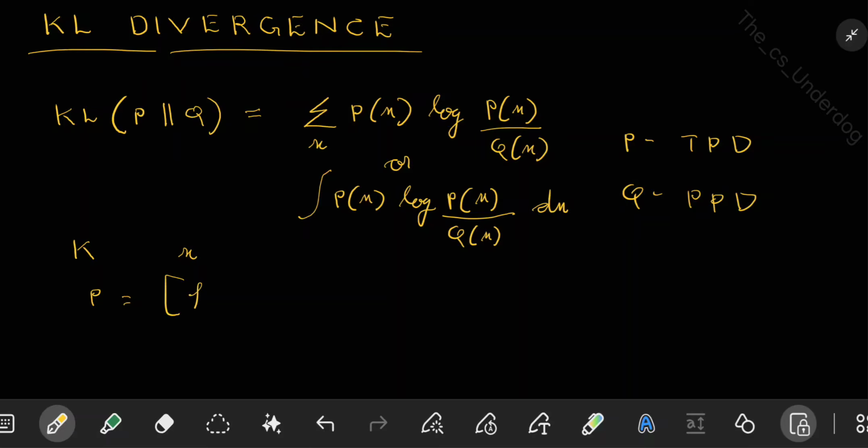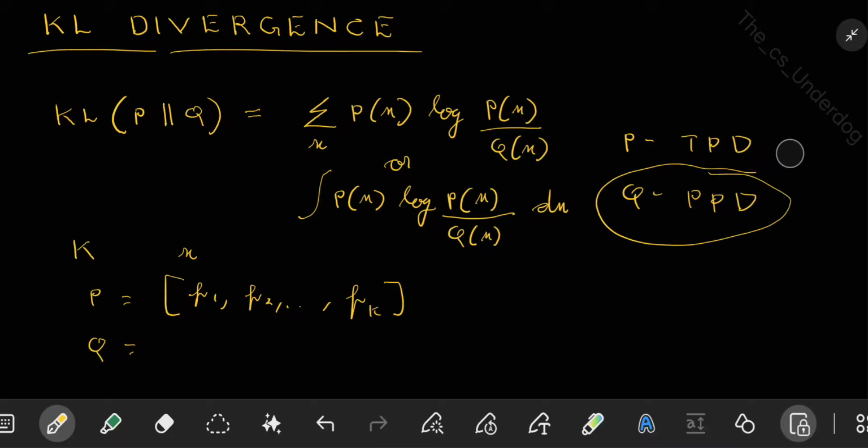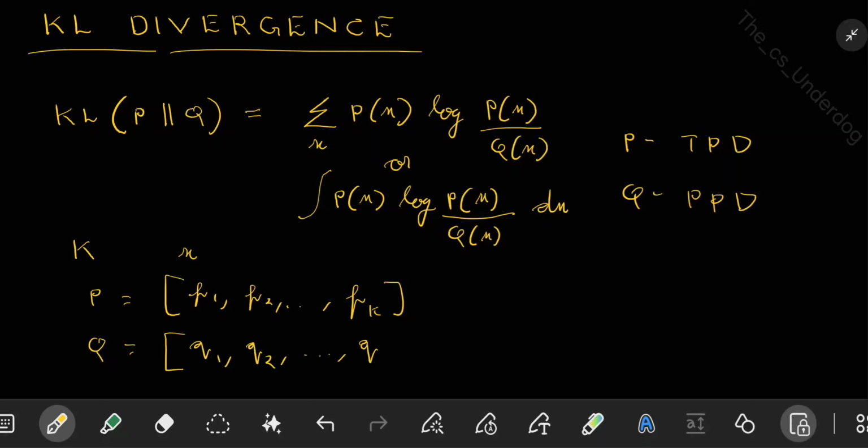Let us say P1, P2, etc. up to Pk. This is the true distribution. And what about the predicted distribution? We'll call it Q. I'm using P and Q so that it matches the notations that I told you: P is the true distribution, Q is the predicted distribution. Q will be Q1, Q2 up to Qk. This is my predicted distribution.